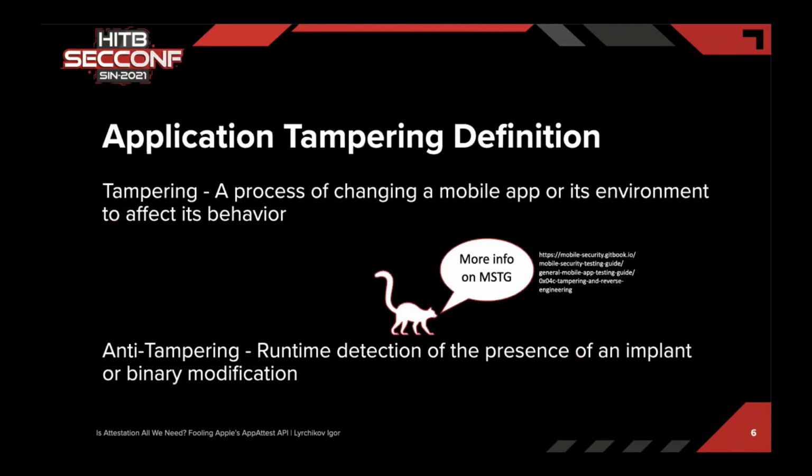Since we are talking about anti-tampering defense mechanisms, it's good to elaborate on what tampering is. Tampering is the process of changing a mobile application. For example, during a penetration test, an application might refuse to run on your jailbroken test device, making it impossible to complete some of your tests.